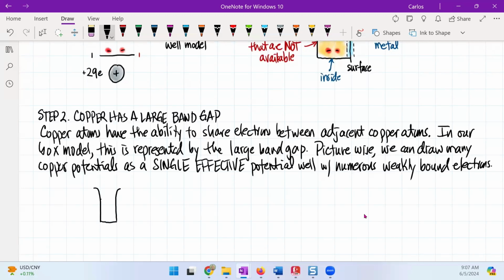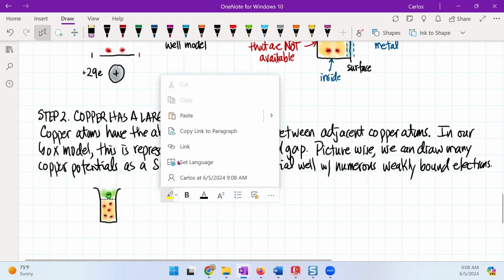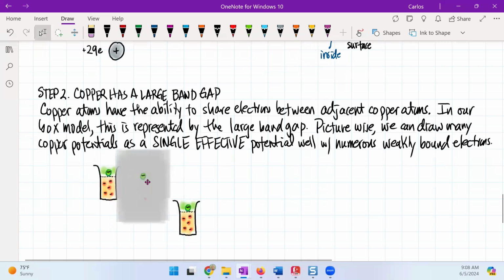And then I know that in here, this is where I have all those inner electrons that can't move. And then I have the region where I have that weakly bound electron. So now what I'm thinking about here, because of the large band gap, I can combine all of these together. Okay, so I have this.